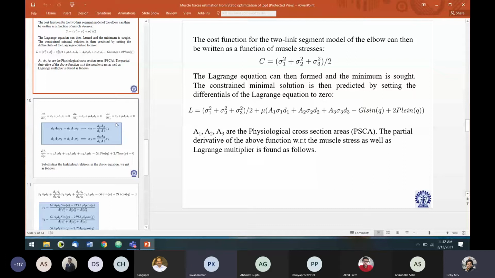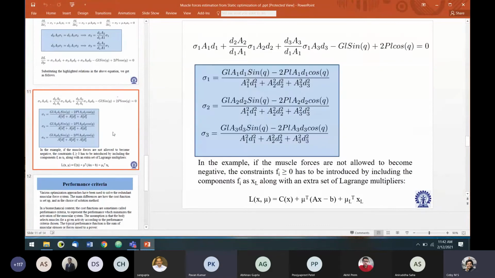Yes, correct. That is more like an assignment. You have to look into it and solve it, otherwise you won't do something by yourself. Just use more Lagrange multipliers as well as variables and try to find out whether there is any change in the muscle stress expression. You got it?